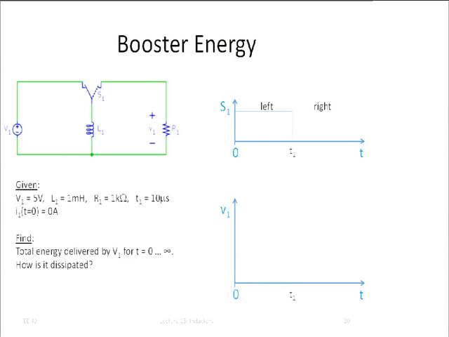What is I at T1? That is the total energy. Once after T1, does the source still deliver any energy to this circuit? No. So the total energy is determined by the current at T1, which I think was 50 milliamps, and then we can use the equation 1/2 L1 I squared to get that energy.